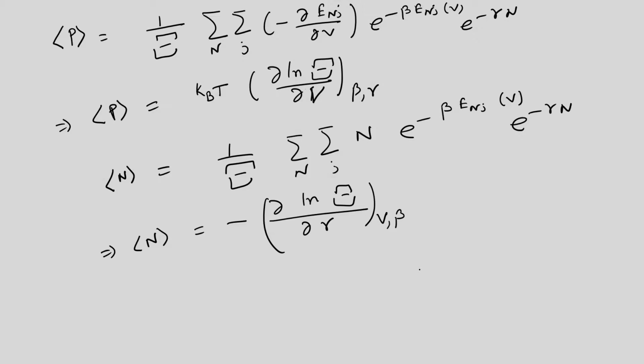Now we can calculate other thermodynamical properties, we will discuss that now, but before that we will see what is gamma. So what is the value of gamma we need to calculate next.